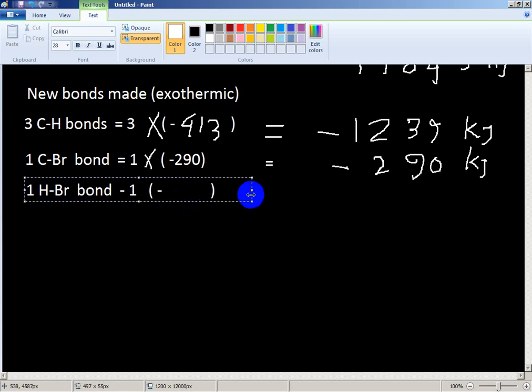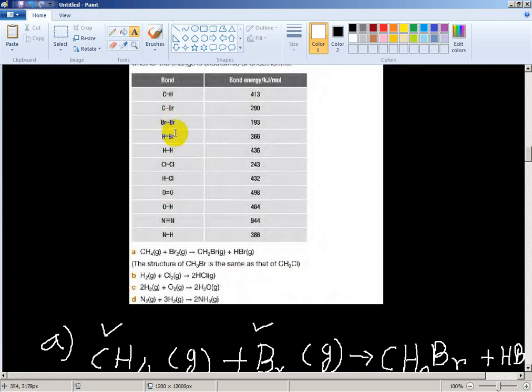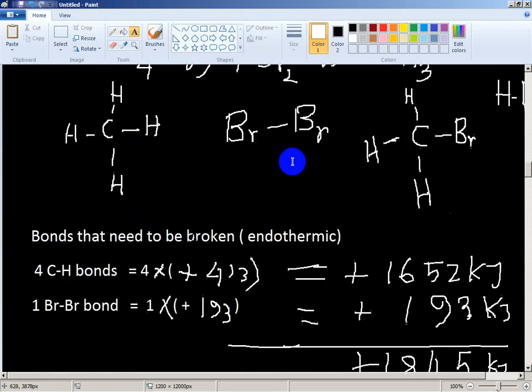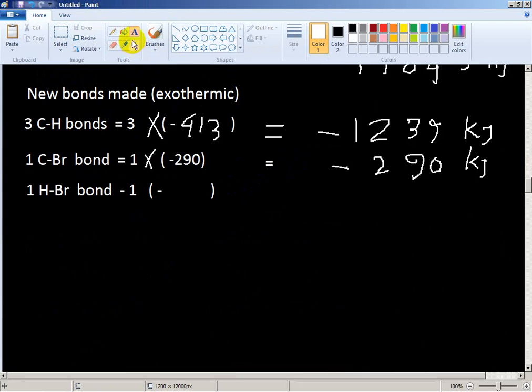The hydrogen bromine bond, I have seen here, is 366. 1 multiplied by 366, equal sign.